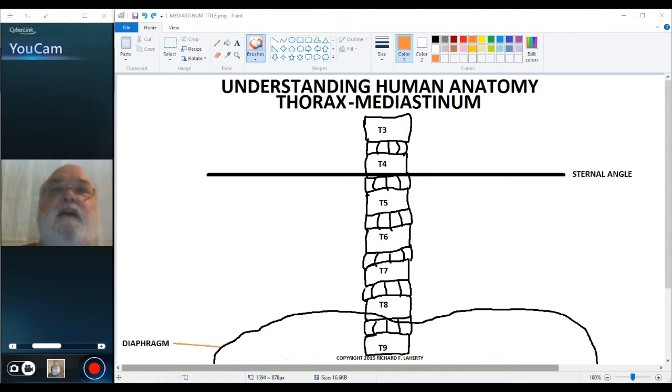These are the ganglia that run on either side of the thorax, and I'm sketching them in here. And they are part of the sympathetic nervous system.